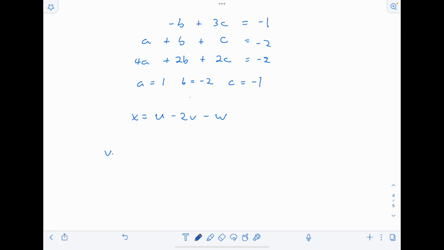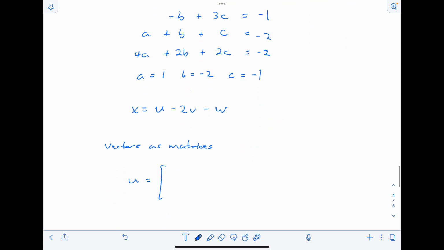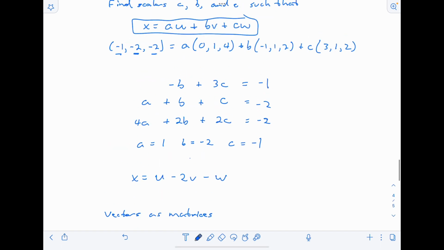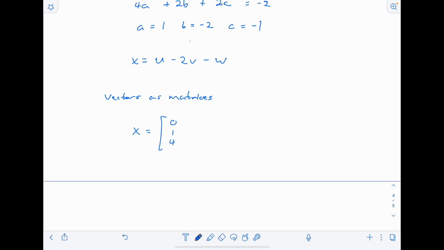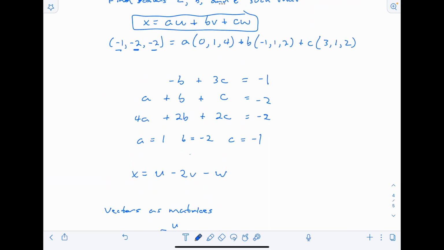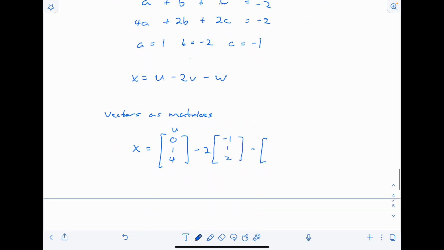And so in this case, if I want to write this idea as matrices, x is equal to 0, 1, 4, because that's u, and then minus 2 times v, which is -1, 1, 2, and then minus w, which is 3, 1, 2.